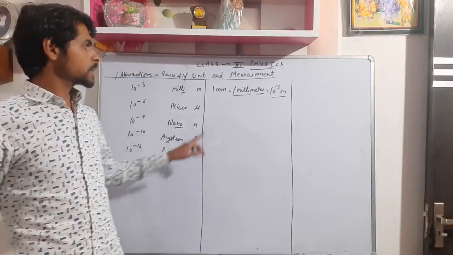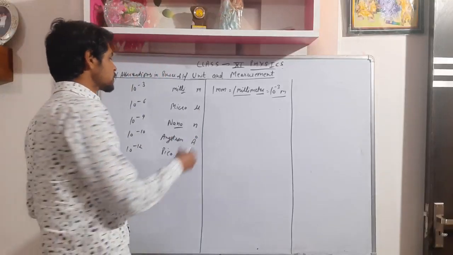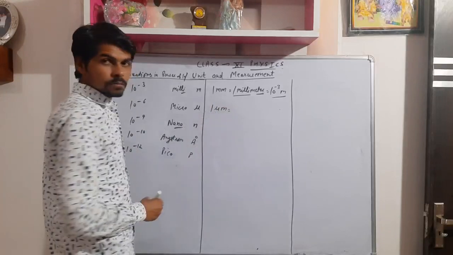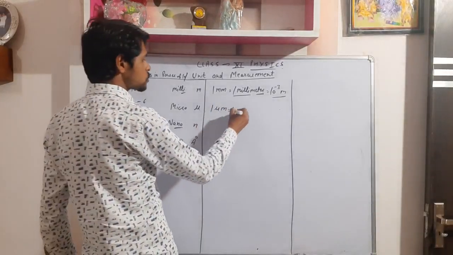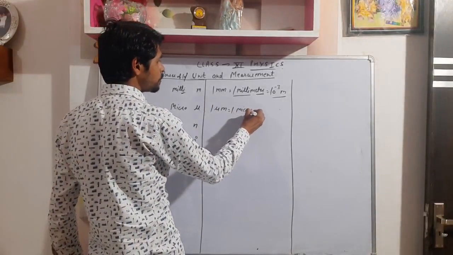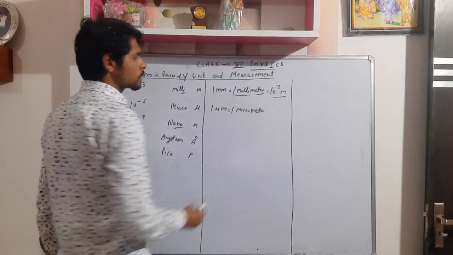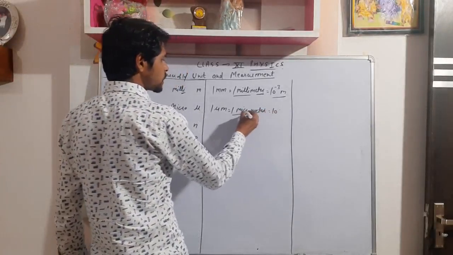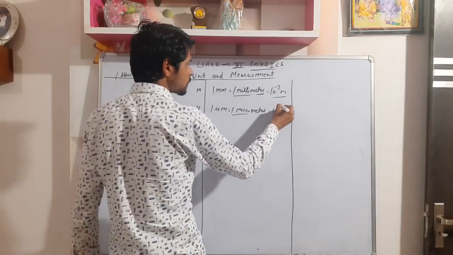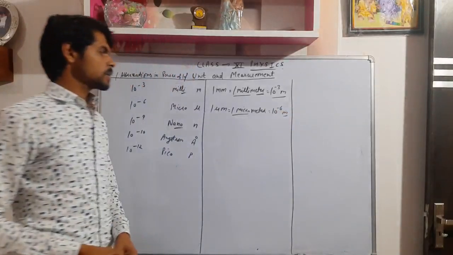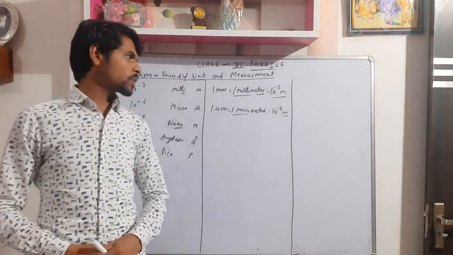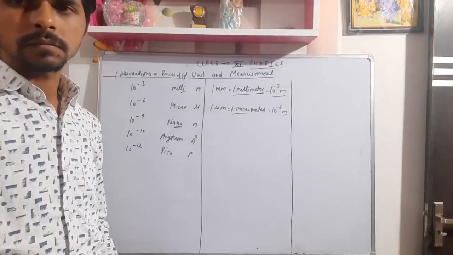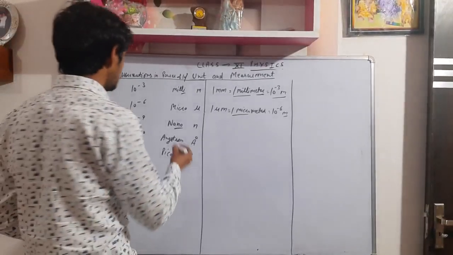Next, 1 micrometer is given. We put the value of 1 micro, that is 10 to the power minus 6, and meter as it is. So 1 micrometer equals 10 to the power minus 6 meter. Now next is nano.